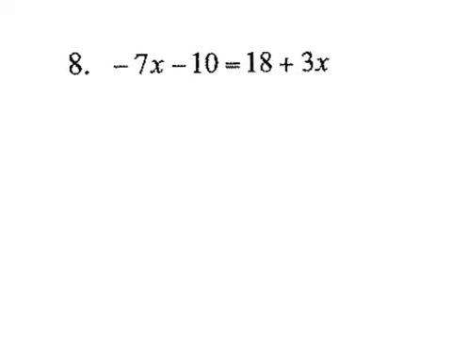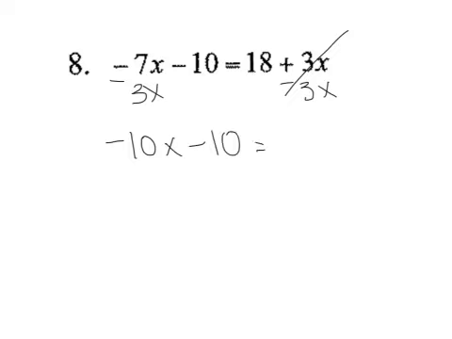We've got 8. This one introduces variables on both sides. So there's nothing that can be combined on the same side. So I would move all my letters to one of the sides. I'm choosing to move them to the left, but you could do it on the right. It doesn't matter. We've got negative 10x minus 10 equals 18. Just don't forget your end goal, which is to get the numbers on one side, the letters on one side, and then get x by itself.